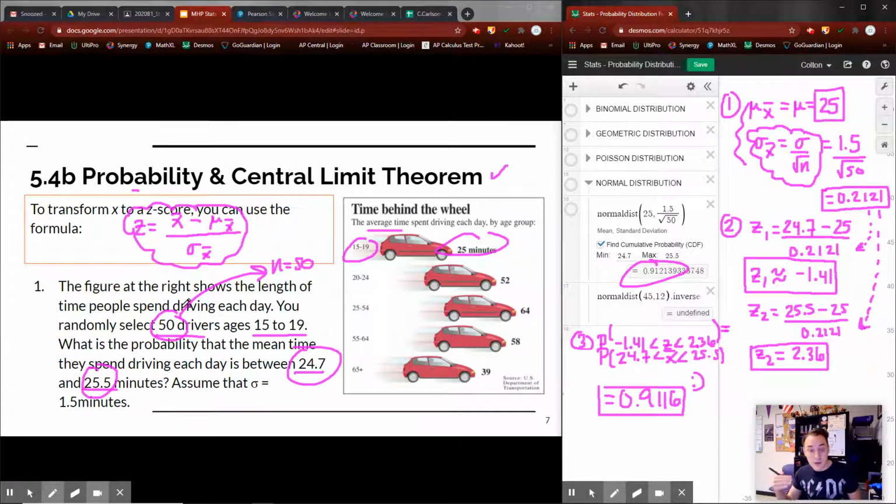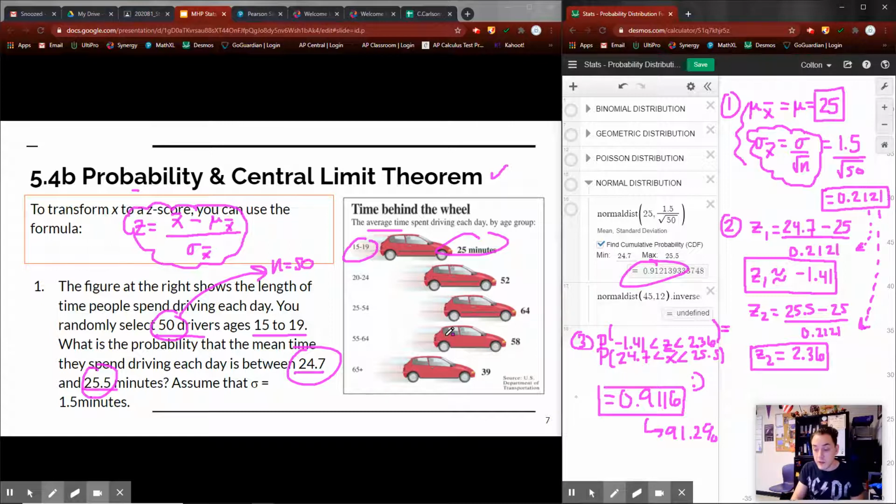of the sample of 50 drivers, approximately 91.16 or 91.2%. Since I'm putting it as a percent, this is about 91.2%. Out of 50 drivers, ages 15 to 19, about 91.2% have a mean driving time between 24.7 and 25.5.